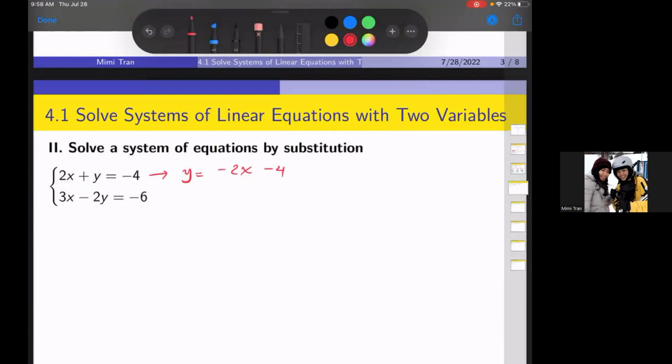And what I'm going to do is put that negative 2x minus 4 for y into the second equation. So the second equation is this one. 3x minus 2 times, instead of y it's going to be negative 2x minus 4, equals negative 6.